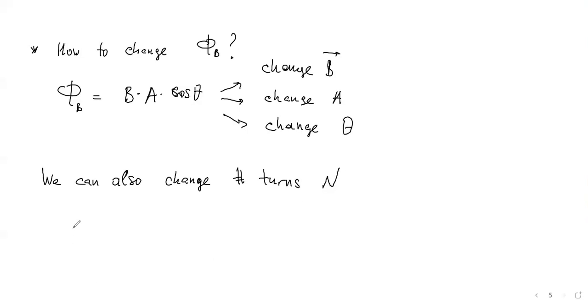So for example, if you have a loop inside a magnetic field, let's say like this, right now the flux is 4 dots inside.